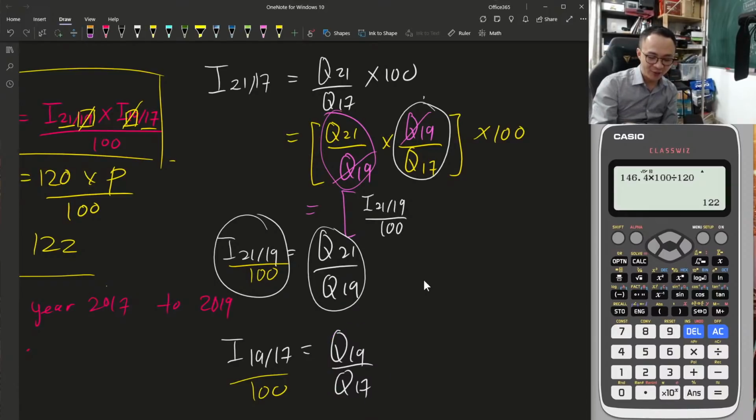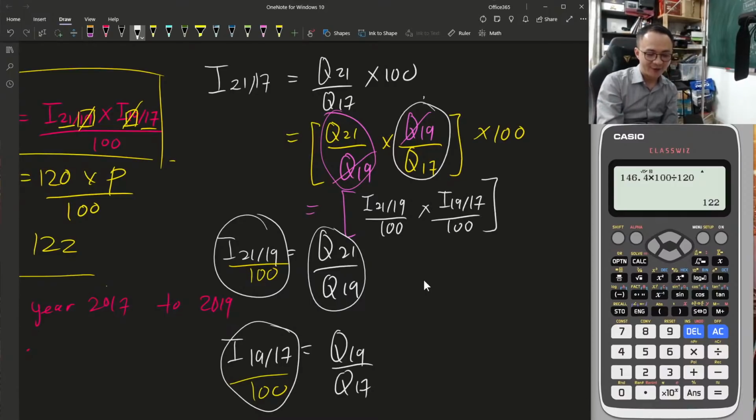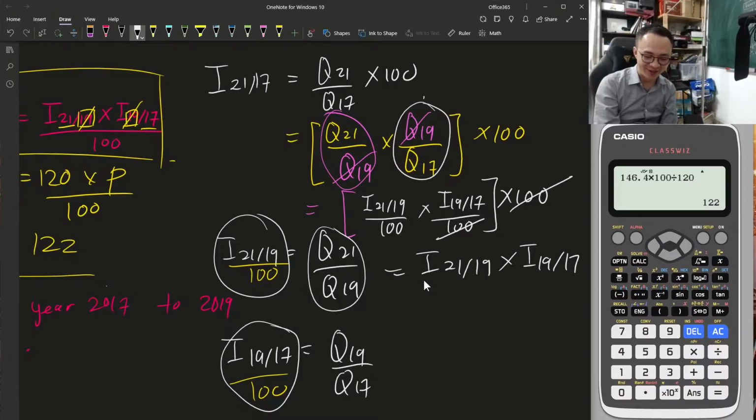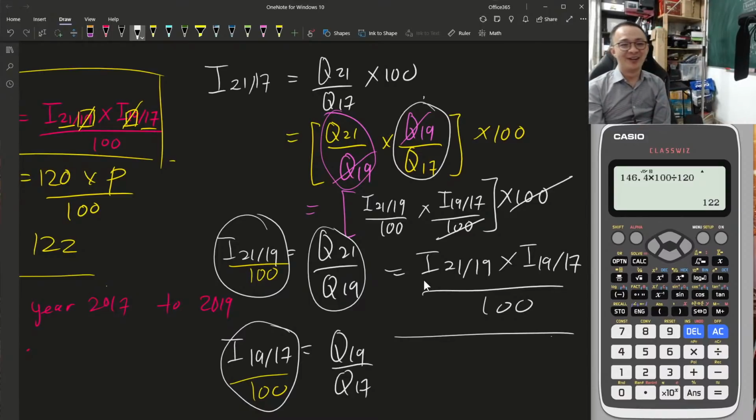Then this one will be over here, times I19/17 over 100, times 100. Then the 100 and 100 I simplify, and I get the formula just now: 21/19 times 19/17 over 100. Now you know how it's divided by 100.